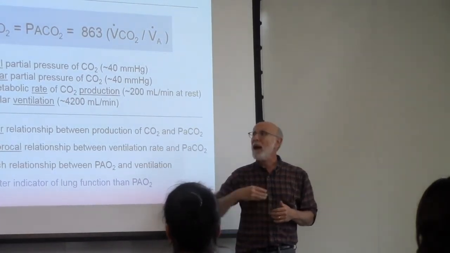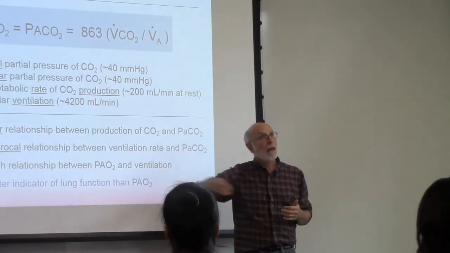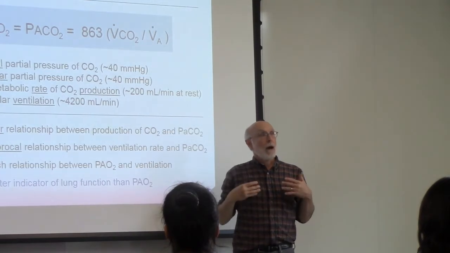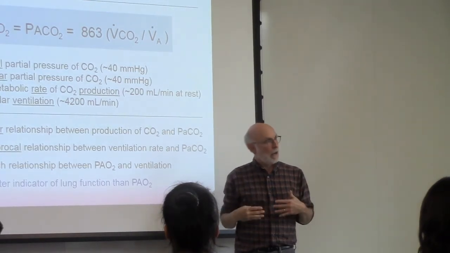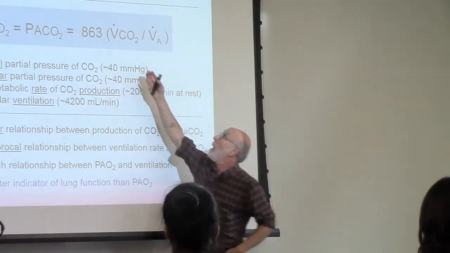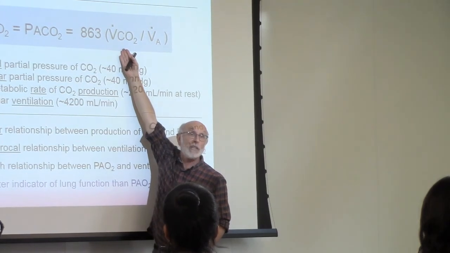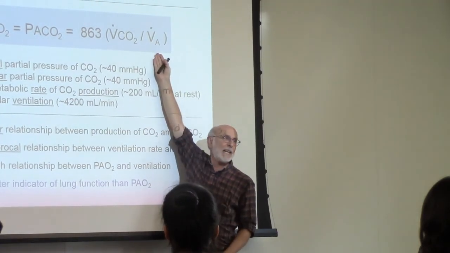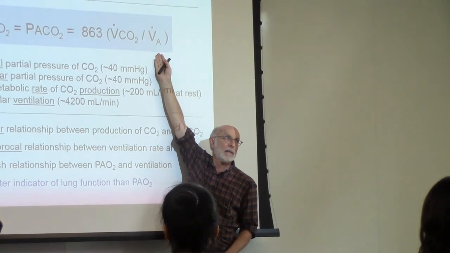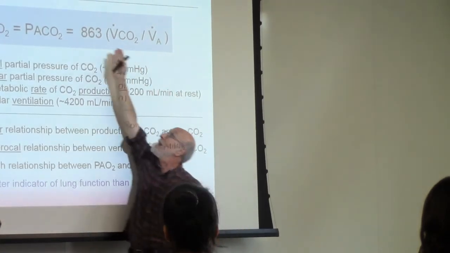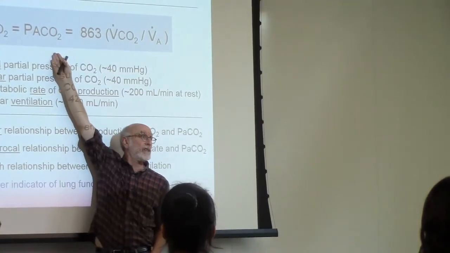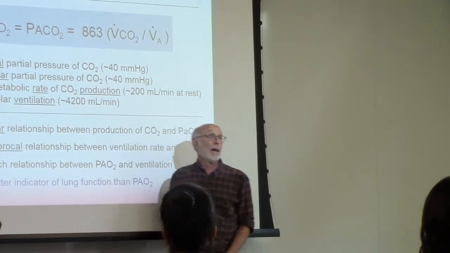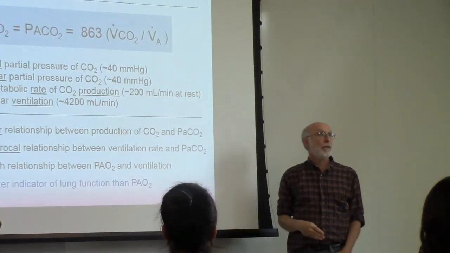If, on the other hand, I'm running up and down the hall, producing more CO2, and ventilating my alveoli a lot, in order to maintain a partial pressure of CO2 at 40, I would not call that hyperventilation.